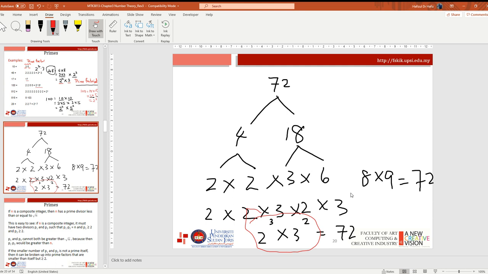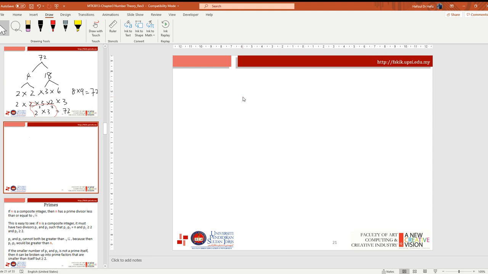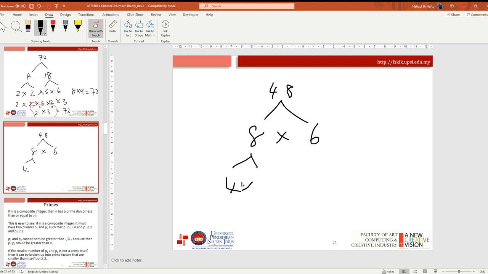Another example, if you have 48, it is equivalent to 8 multiplied by 6. We get 4 multiplied by 2 multiplied by 2 multiplied by 3.